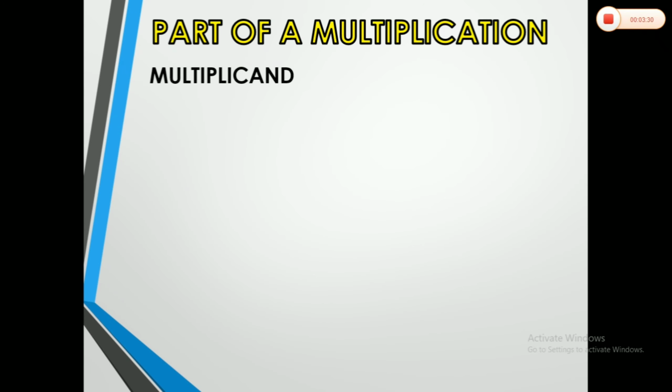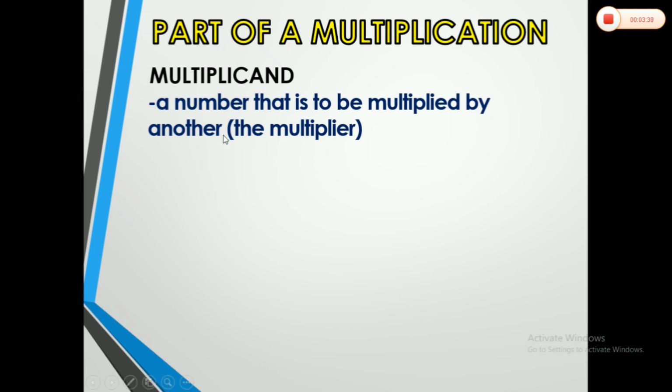Now, what is the meaning of each part of multiplication? So the first one is what we call multiplicand. Multiplicand, a number that is to be multiplied by another number, which is the multiplier. The second one is what we call multiplier.